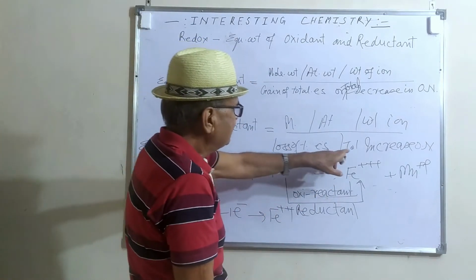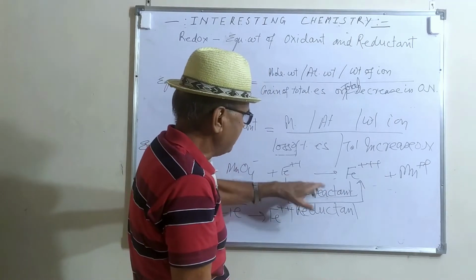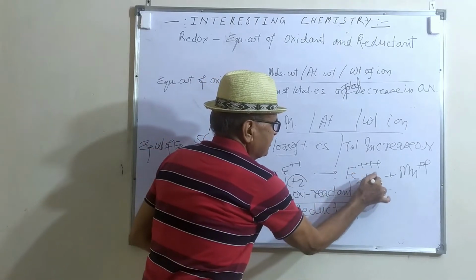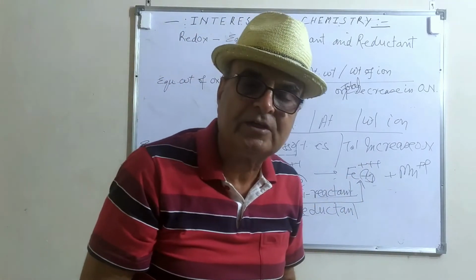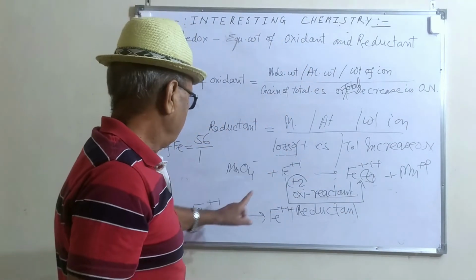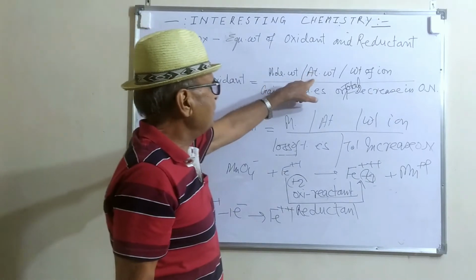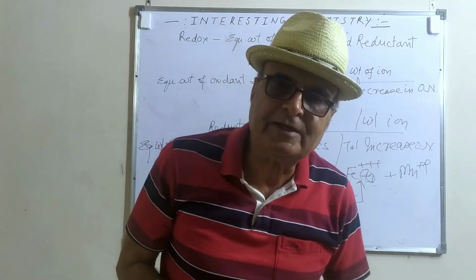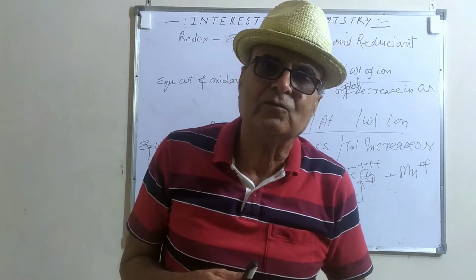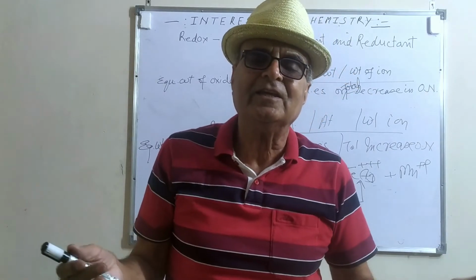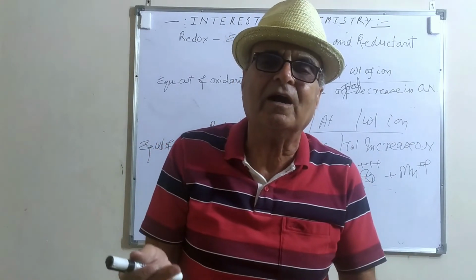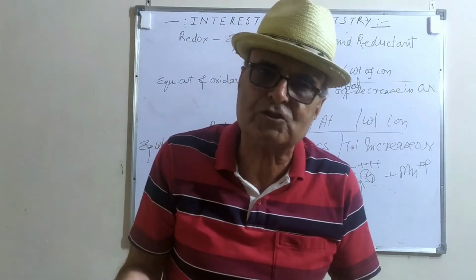Also, the total increase in oxidation number here is 1, because here it is plus 2 and here plus 3. So the atomic weight of Fe will be divided by 1, and the equivalent weight of Fe will be 56. Again, the atomic weight and the equivalent weight of Fe are the same, 56.